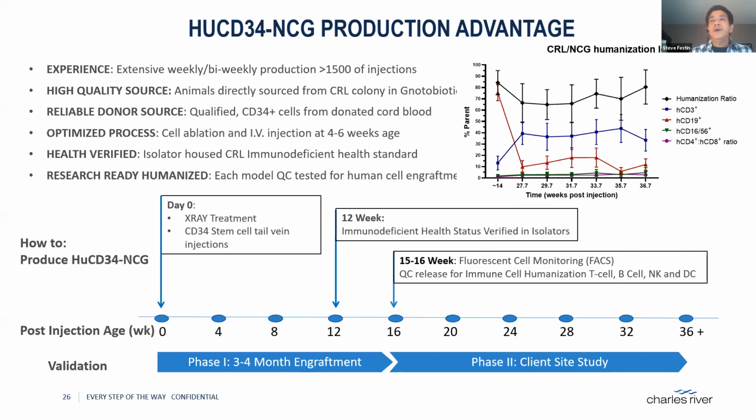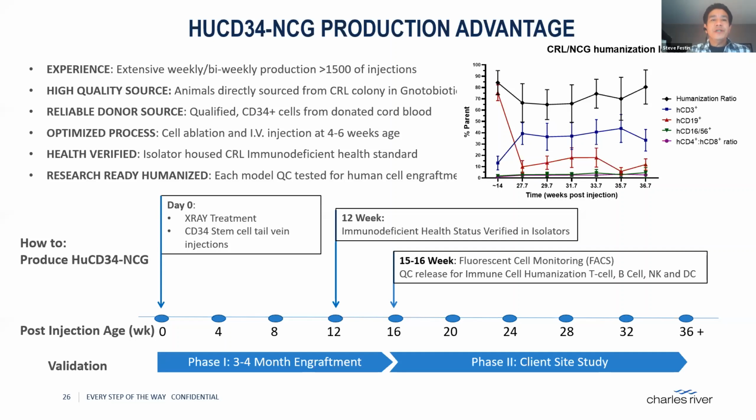So they're very high quality going in, both health tested as well as the animals themselves. We have a reliable donor source, so it's IRB qualified, and it's coming from live births and donated cord blood.